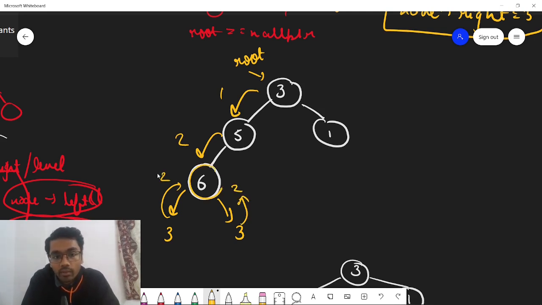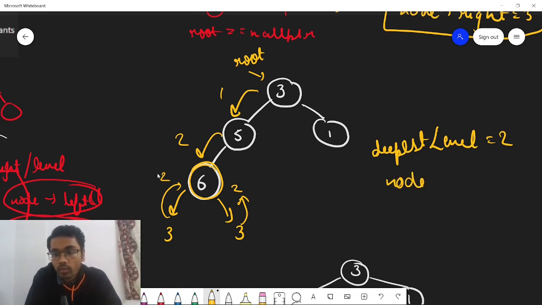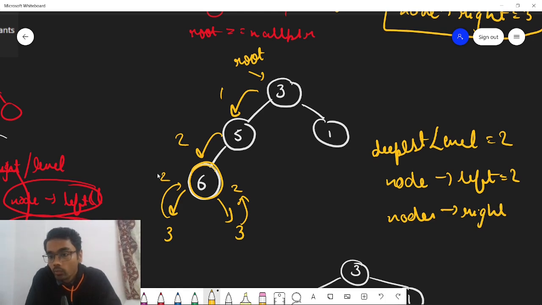So we can say that this 6 can be the lowest common ancestor to itself only, because this is the deepest node. So our deepest level is nothing but 2. Now we are at node 6. The node's left is returning as 2, and the node's right is returning as 2.